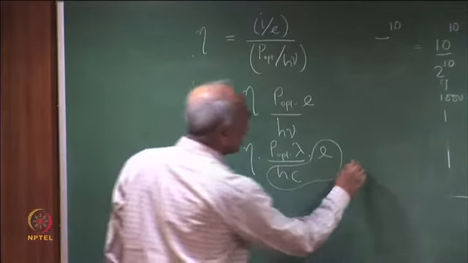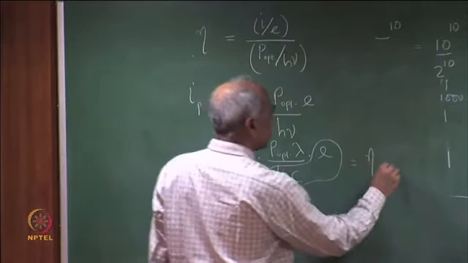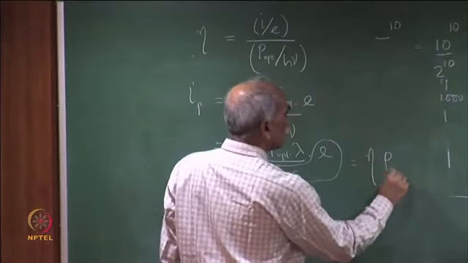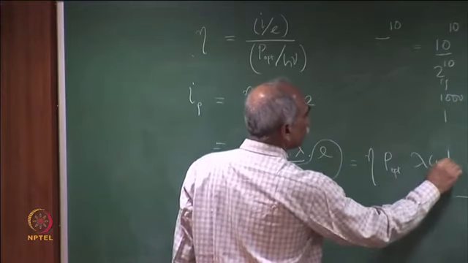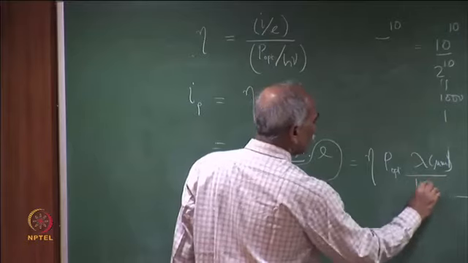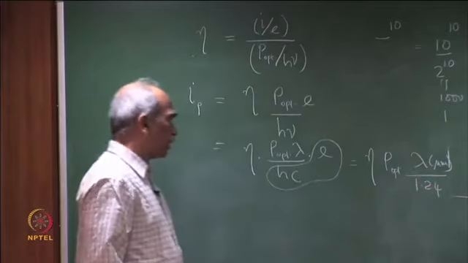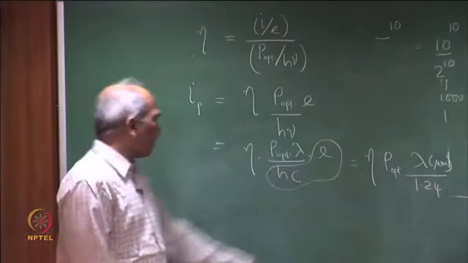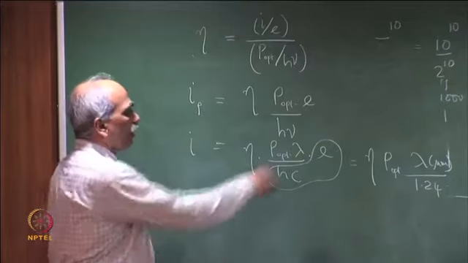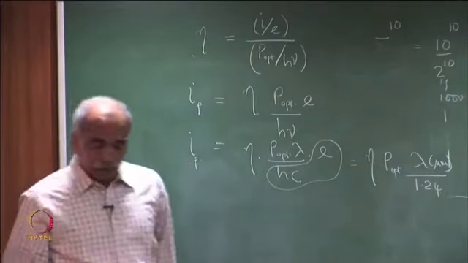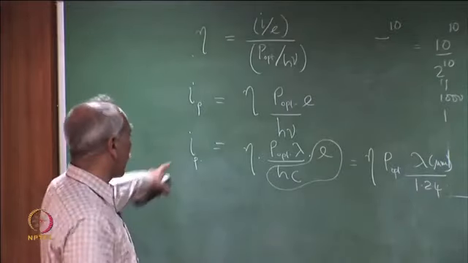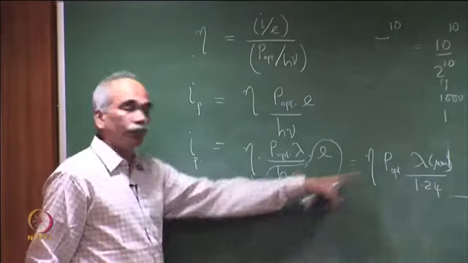So this is equal to eta into P optical into lambda in micrometers, divided by 1.24. So for an incident optical power P optical, you can find the primary current generated by the photocathode.